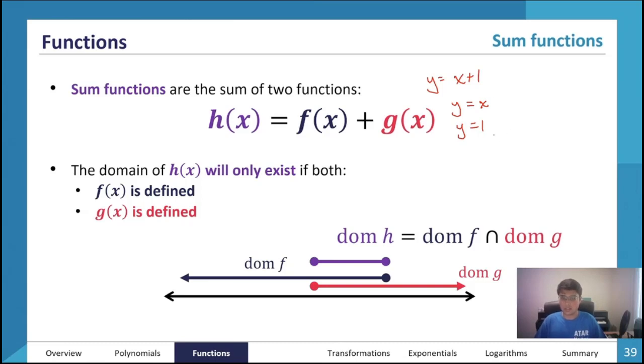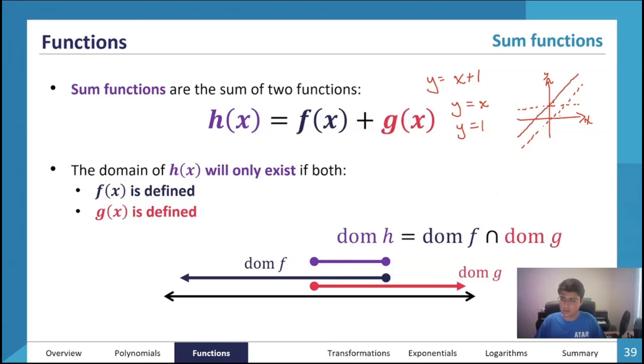If we think graphically about the way this looks as well, just draw out a rudimentary set of axes here. We've got x and y axes. Y equals 1 is going to look like that. So it's just a flat line intersecting at y equals 1. Now y equals x is just going to look like a diagonal line going through the origin. So if we were to add these together, it would look something like that.